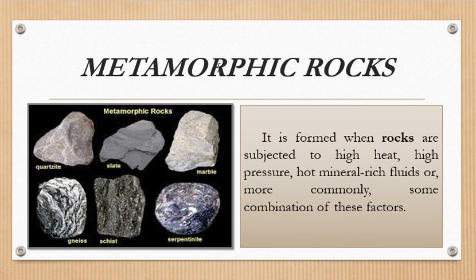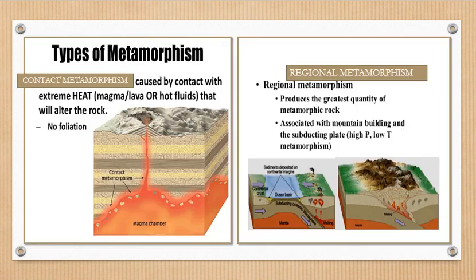Again, these metamorphic rocks are formed when existing rocks, which could be igneous or sedimentary, are exposed to high heat or pressure and other factors, forming metamorphic rocks. The process of these rocks being exposed to extreme pressure and heat is what we call the process of metamorphism.